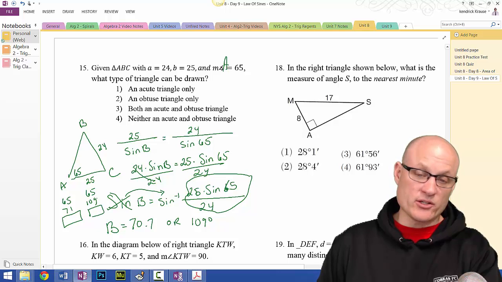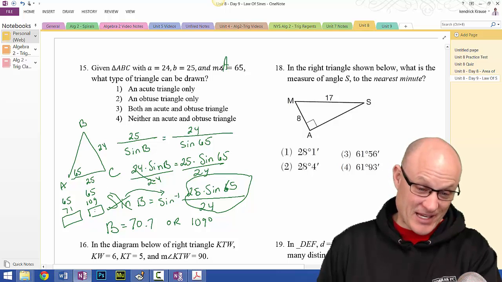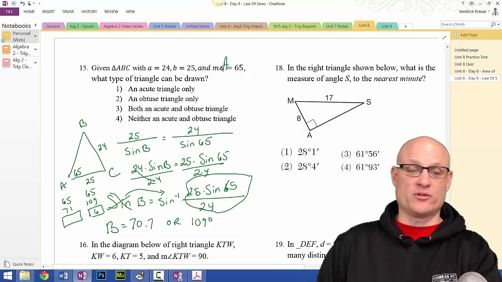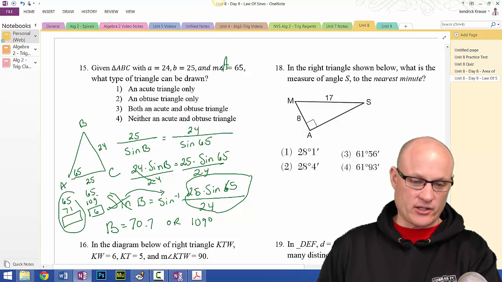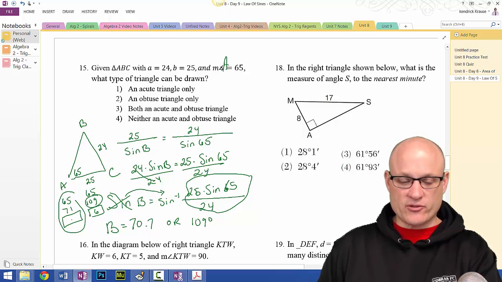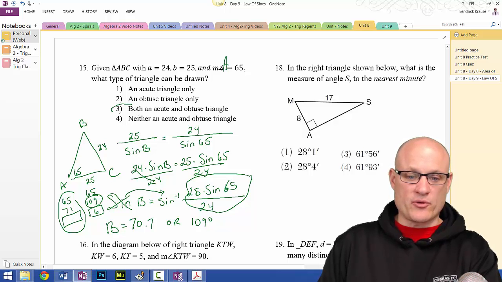That's 174 degrees. But that leaves me 6 degrees left over. Oh wait, I got to tell what kind of triangle this is. This is clearly an obtuse triangle. This is 136-ish, so that leaves me like about 40 left over for this. So that means that I can do both an acute and an obtuse triangle.